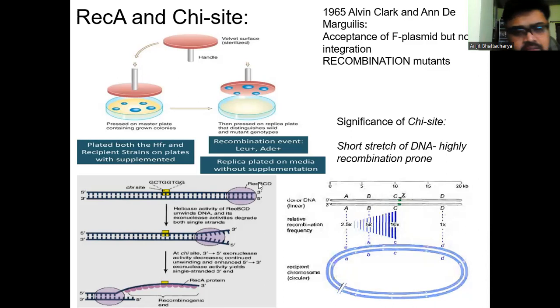So actually, RecBCD recognizes a DNA, and due to its intrinsic helicase activity, it can melt the DNA and move inward.